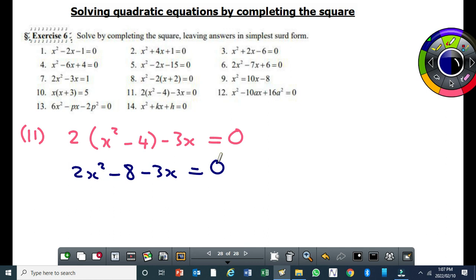So this will become 2x squared minus 3x minus 8 equal to 0. So I've now written it in standard form. Now, if you want to carry on here to complete the square, you have to make the coefficient of x squared equal to 1.